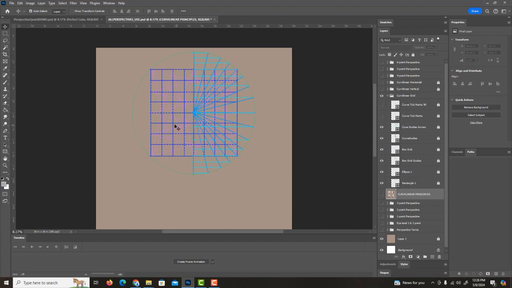Draw in, draw in, draw in for all of them. And that will give you tick marks on your center line. And these are the guides for where your ellipses will be. And you can also rotate this if you're trying to get the other axes, and together you'll get the sphere.